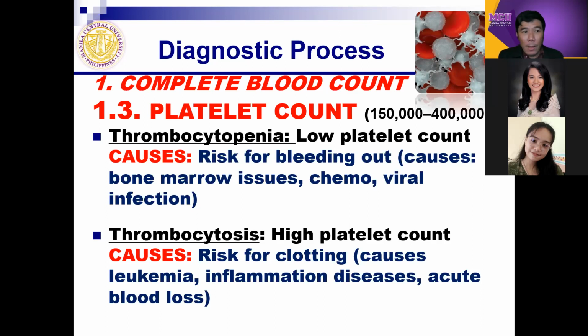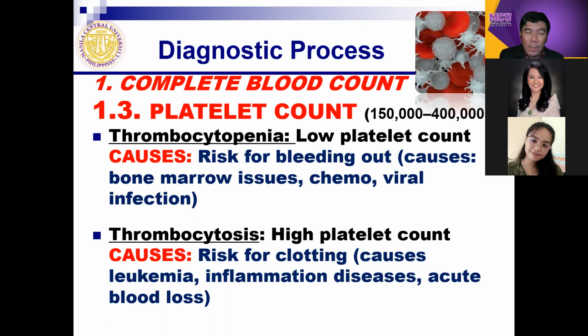Now, pagka thrombocytosis naman, this is considered as high platelet. Ito naman yung risk for clotting. Ang risk for clotting naman natin ay caused by inflammation, acute blood loss, or leukemia. So if we will go back to WBC, ang isa sa nag-identify na may significant effect pag sa leukemia ay yung high level of WBC.